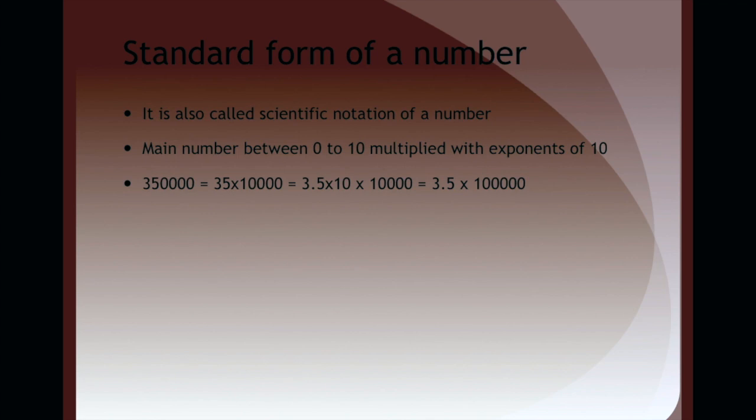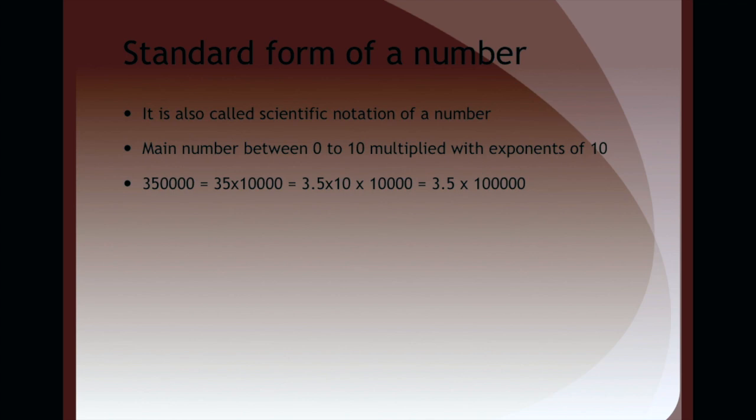For example, somebody has given us 350000, 4 times 0. As per the definition above, we have to bring this 35000. The main number is 35. We have to bring it.